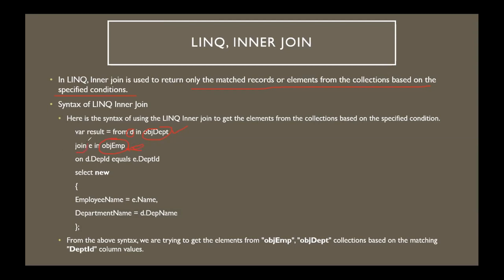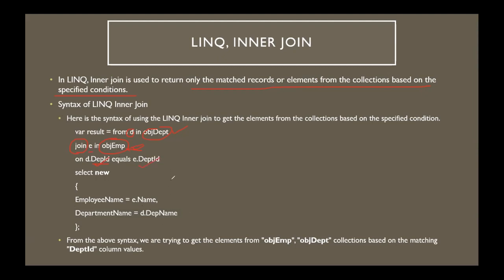It's the join keyword. From D in object department, join E in object employee, on the condition that D's department ID column equals E's department ID column.